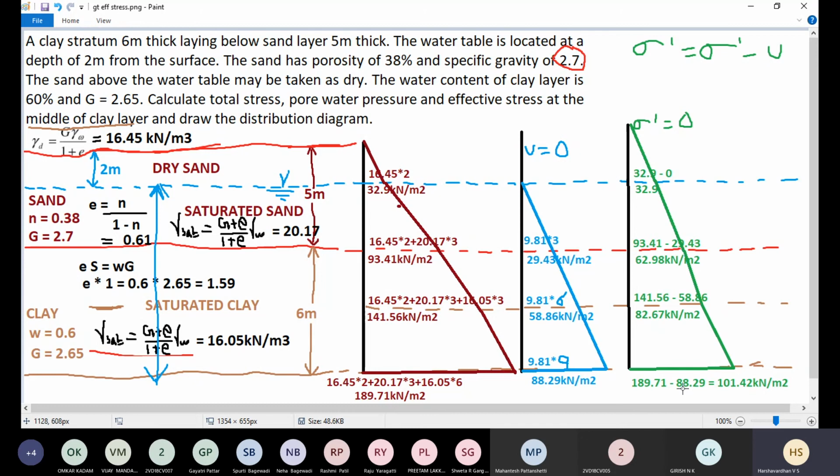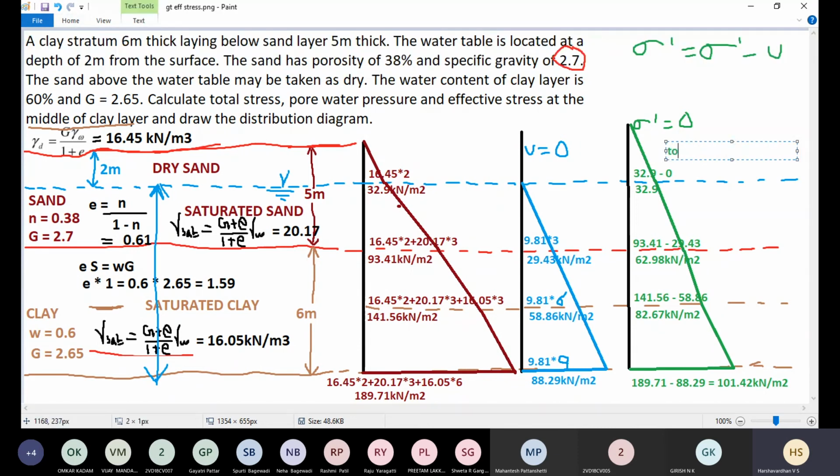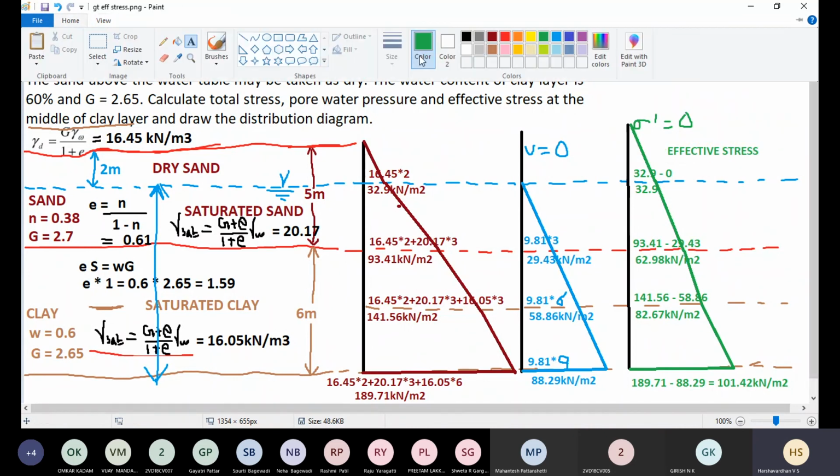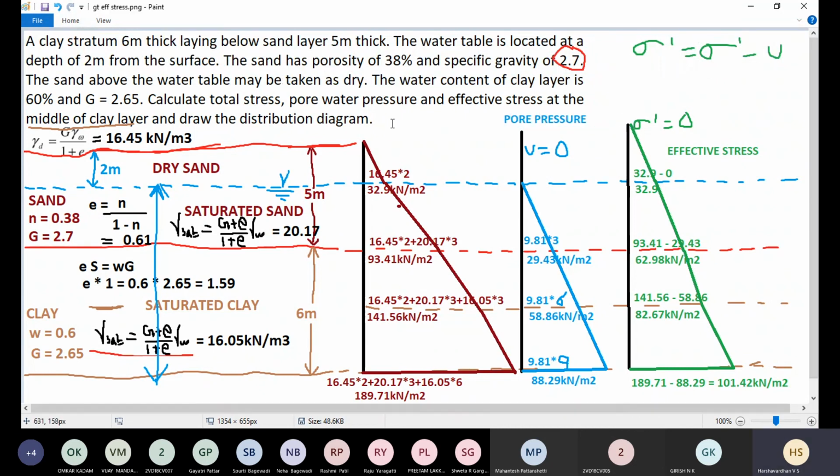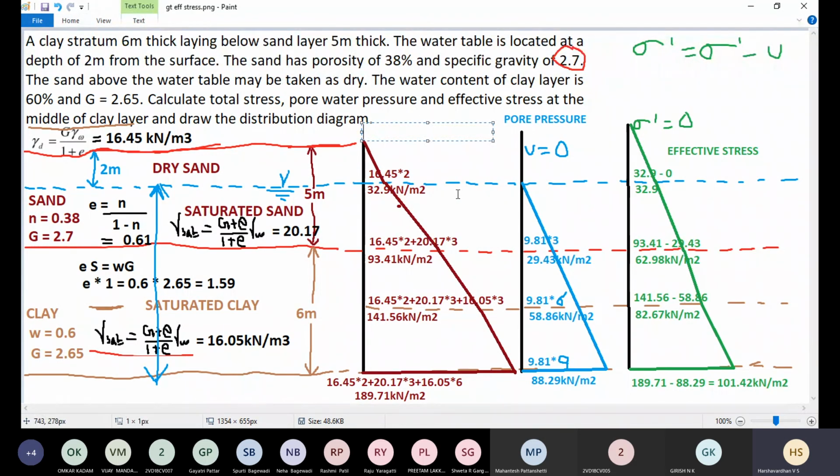So these are the distribution diagrams. This is for effective stress, and this is for pore pressure. And this is for total stress or total pressure.